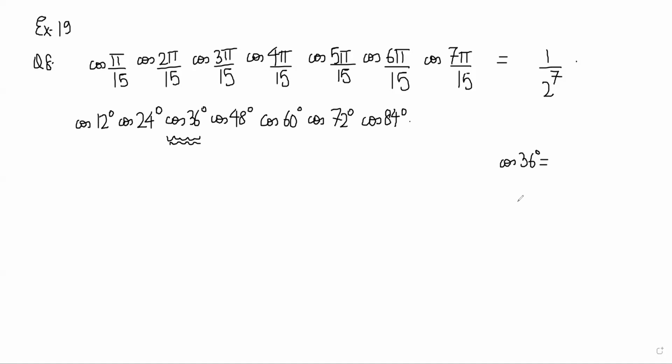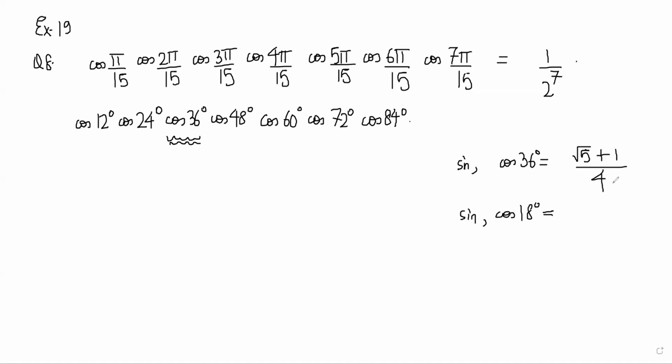You have to remember one ratio, because if you know one of them, you can find the other, right? So tell me, what is cos 36? Root 5 plus 1 by 4.